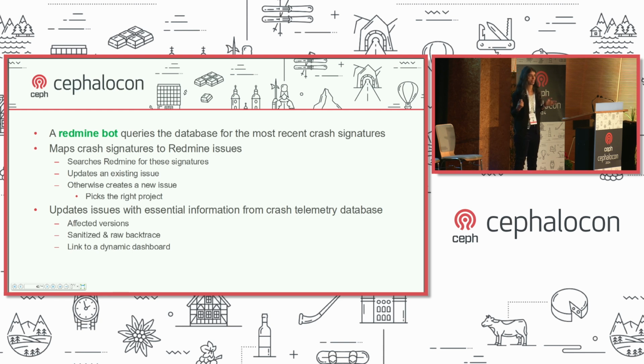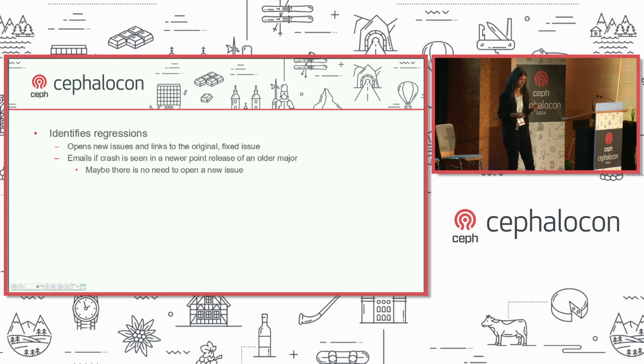And then we basically have a tracker opened for a crash that happened, automatically. We then update the issues with all of the essential information that helps us to look into that in the future, including a link to a dashboard that we'll see in a moment.